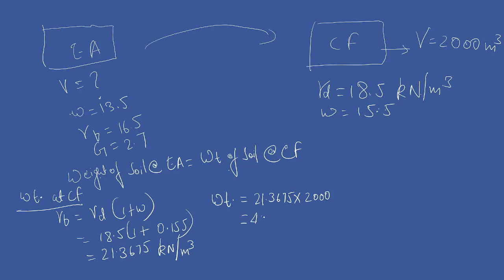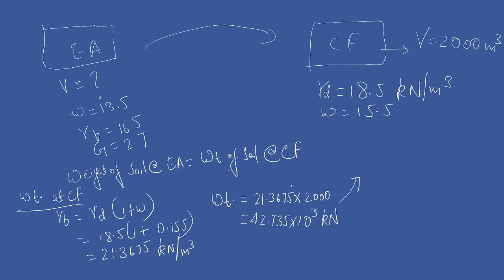So 42.735 into 10 to power 3 kilonewton we can say.